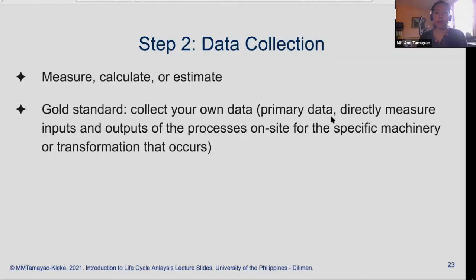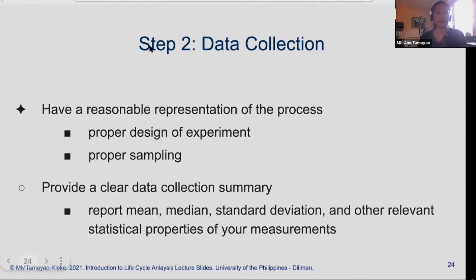Primary data is directly measured inputs and outputs of the processes, on the site or for the specific machinery or transformation that occurs.